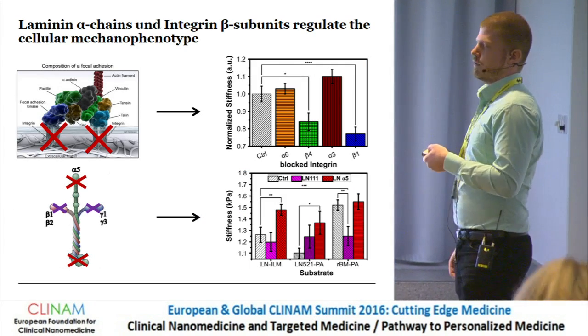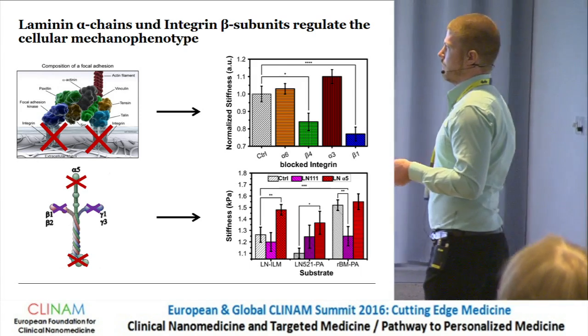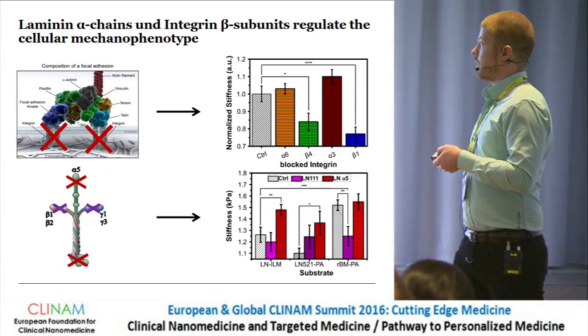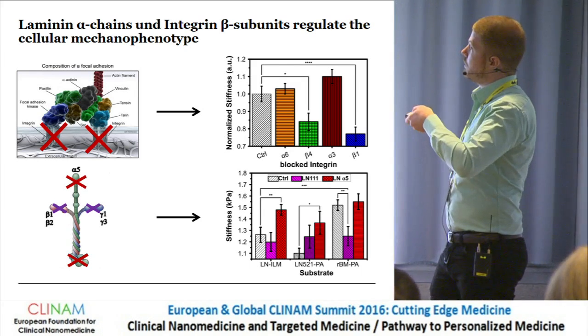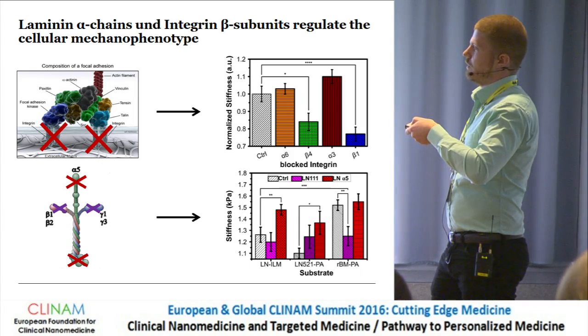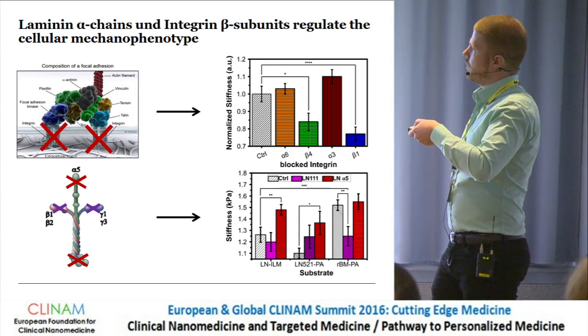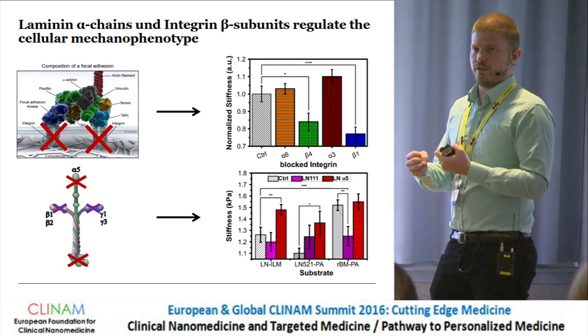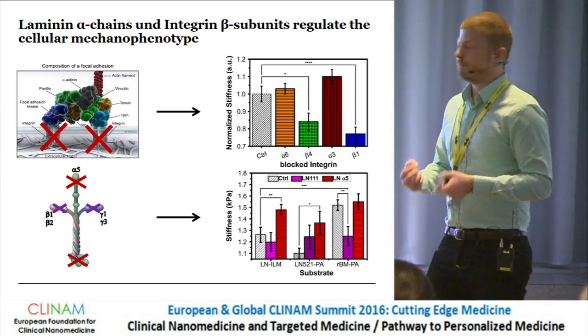So we try to recapitulate this with our cells on the inner limiting membranes in vitro, taking blocking antibodies that block either the integrins or the laminin, so you can block either the substrate or the cell.